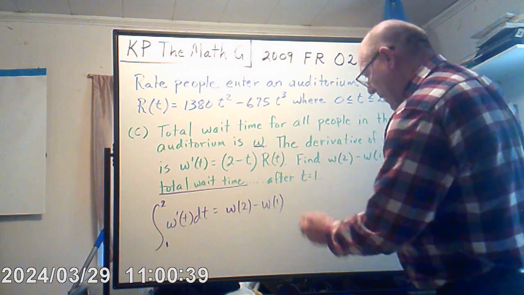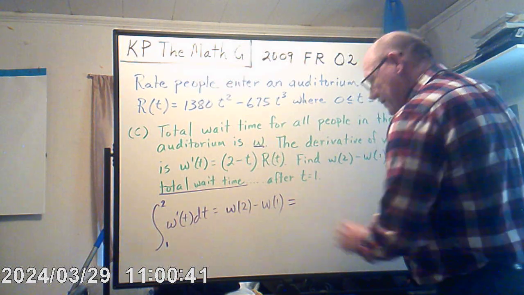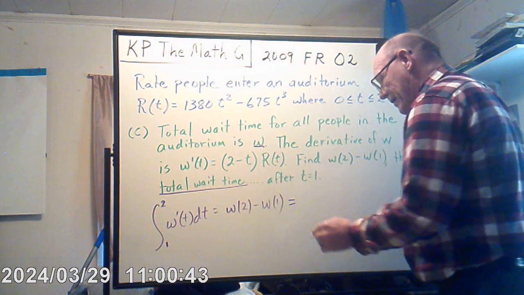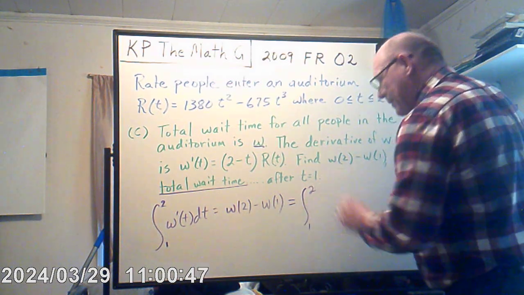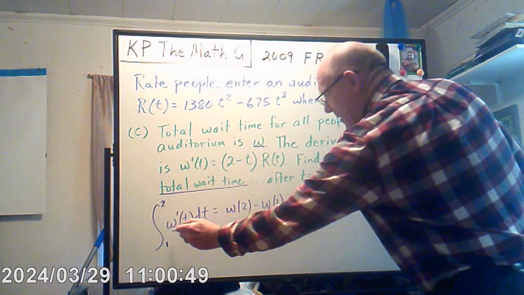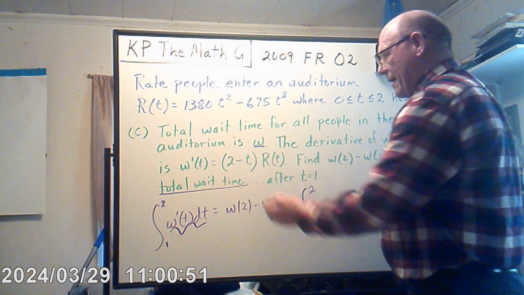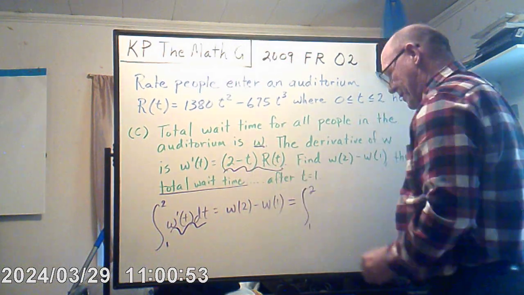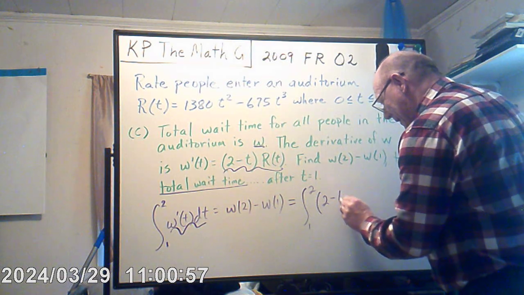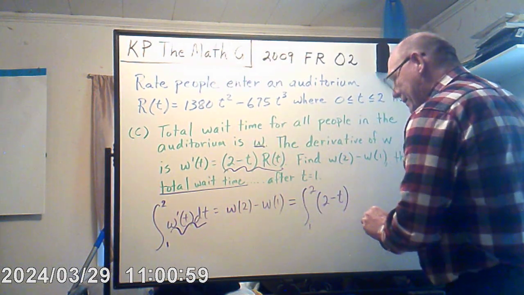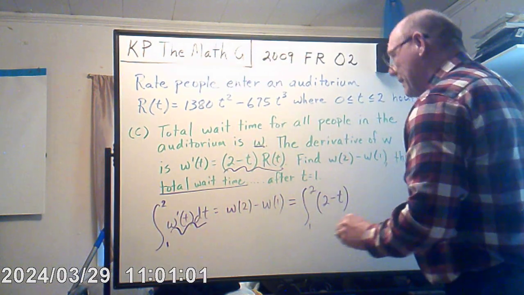That's equal to the integral from 1 to 2. Now look at this. W prime of t dt is equal to this. So it is 2 minus t, r of t dt.